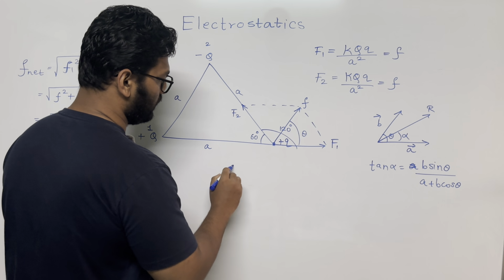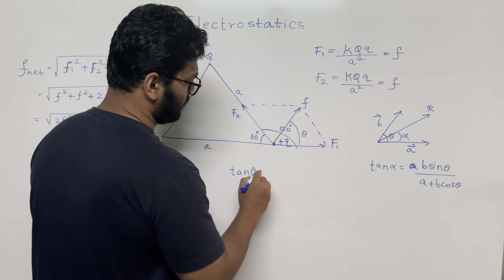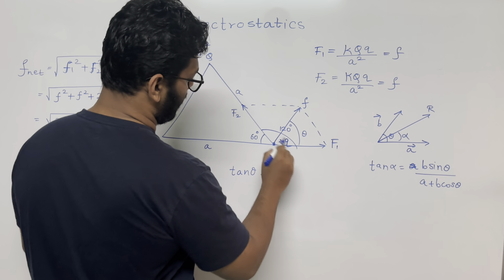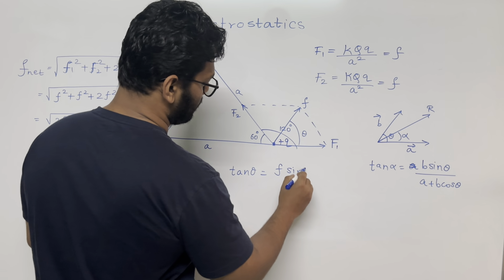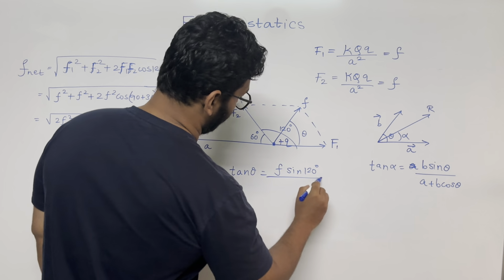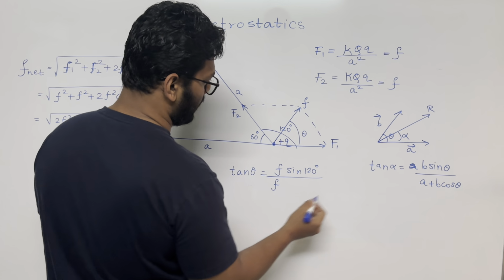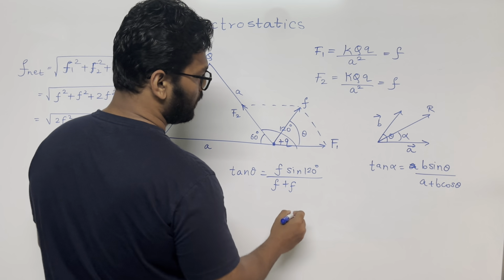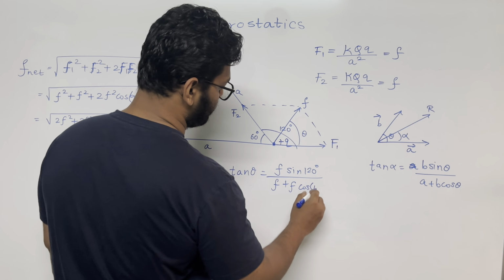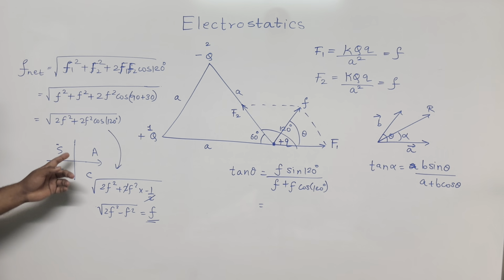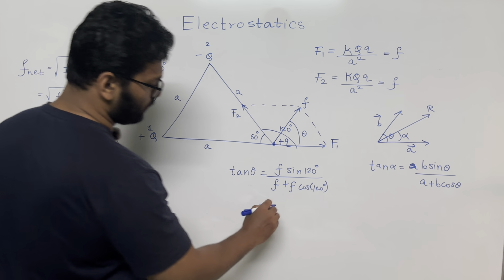So now this angle, we will call it theta: tan theta is equal to b sin theta, that is F sine of 120, divided by a plus b cos theta. Here a is F, b is also F, and this is cos of 120 degrees. Sine of 90 plus 30 will be cos 30, which is positive, root 3 by 2.